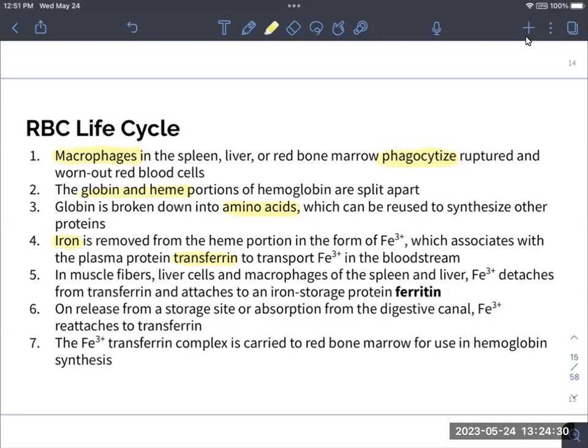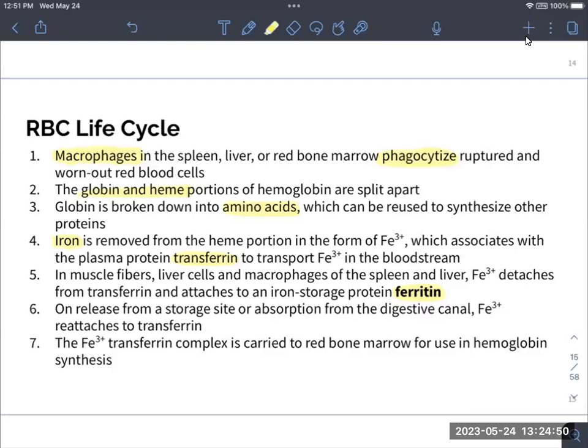Once this iron gets to its specific location, it breaks off of that transferrin, leaves the bloodstream, and gets put onto a different protein called ferritin. Ferritin is our storage protein.